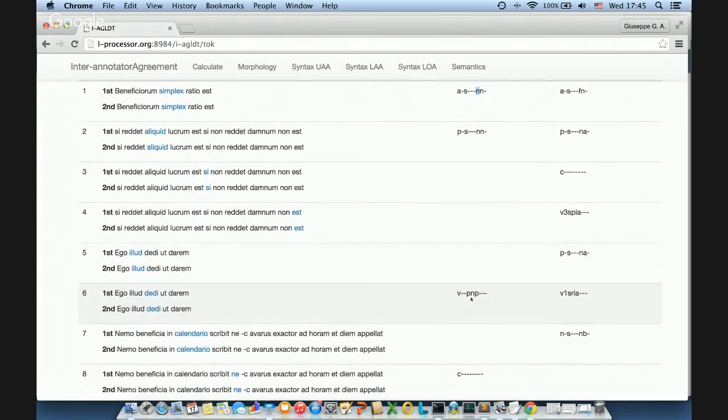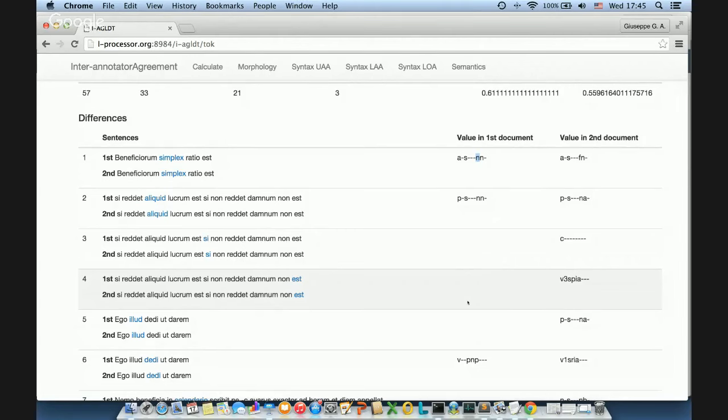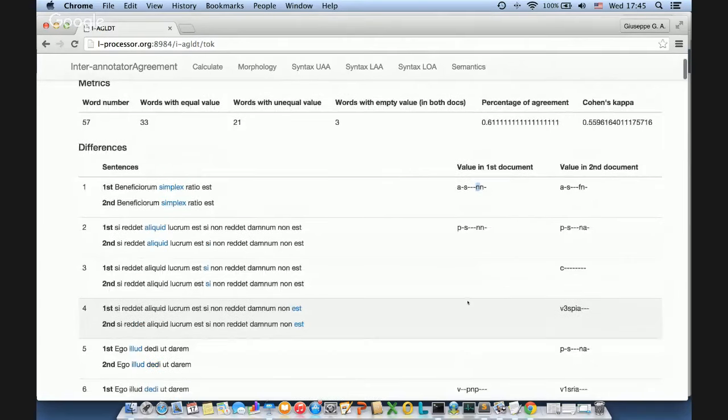Then you can simply go through all the pairs. Here, when you see that a value is missing, this simply means that there is a difference, because the first annotator didn't annotate anything. What is very interesting is that you can also get a number telling, in this case, the percentage of agreement, so 0.6.